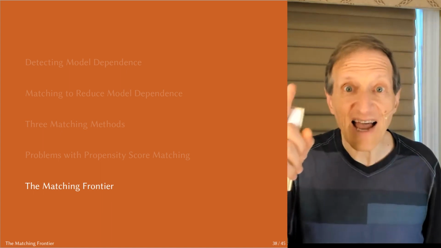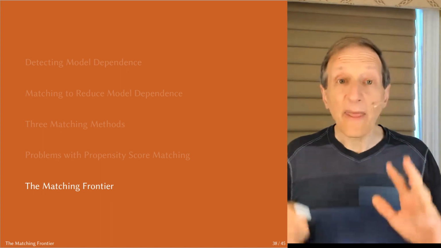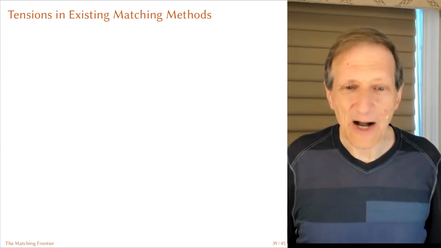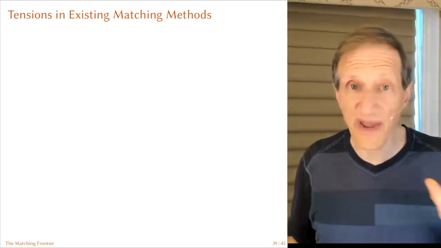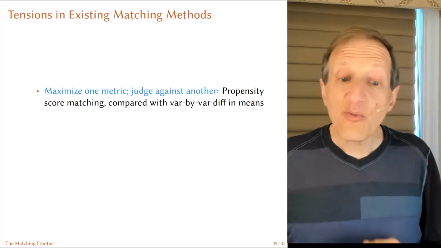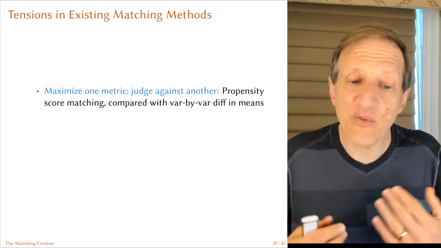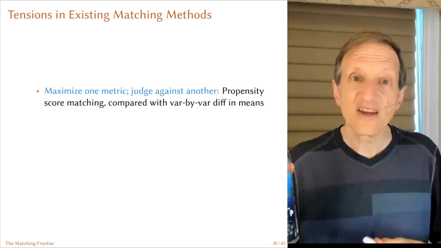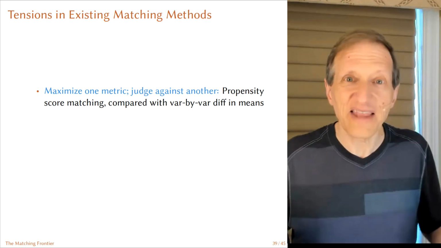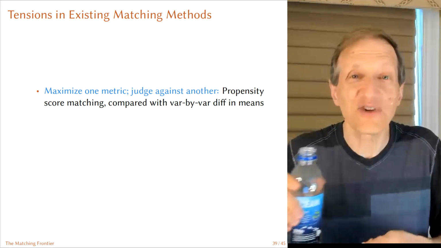Okay, last topic for today, the matching frontier. There are tensions in existing matching methods, in the matching methods that I described. If you maximize on one metric, you should judge yourself on that metric. But instead, we're going to judge ourselves on a different metric.